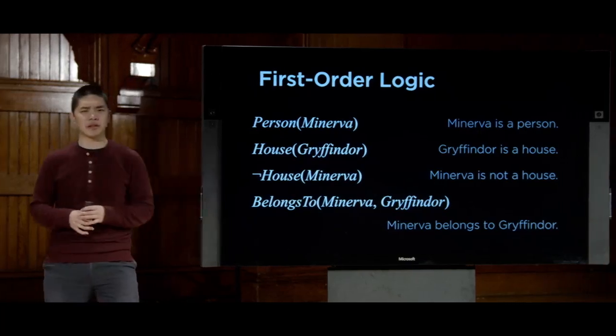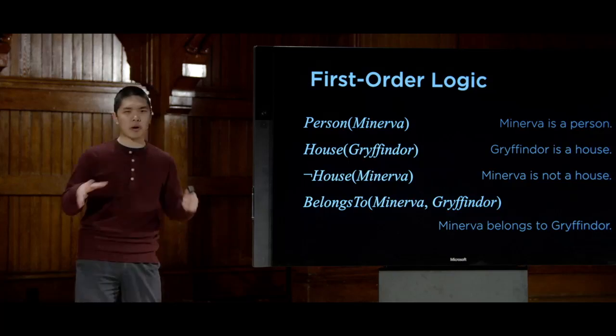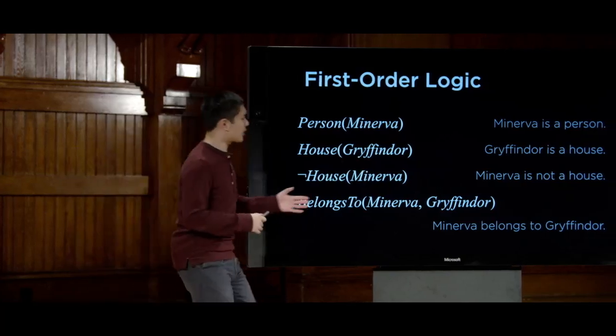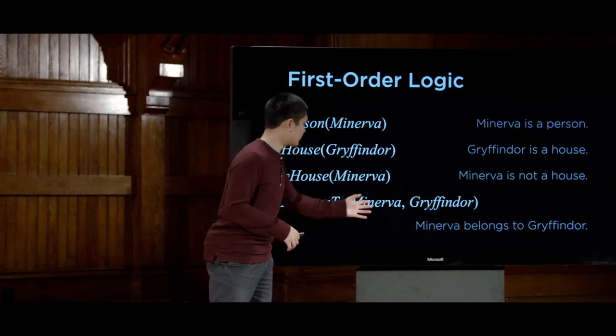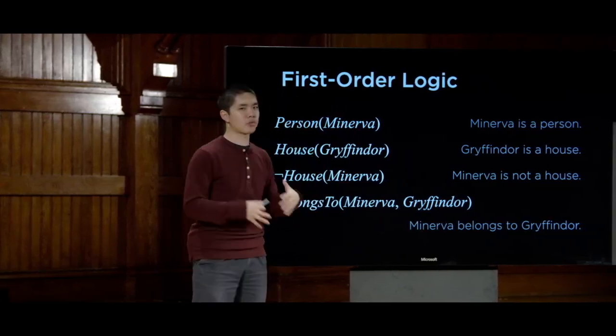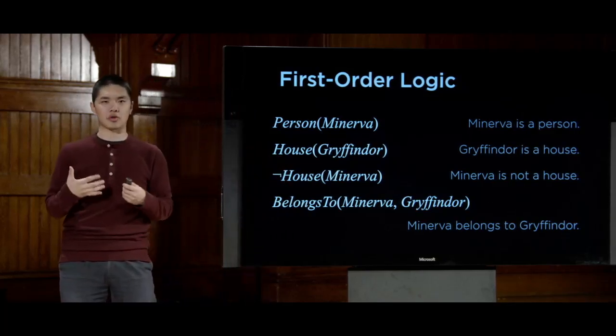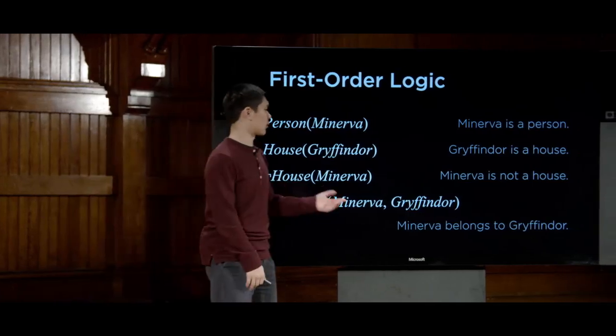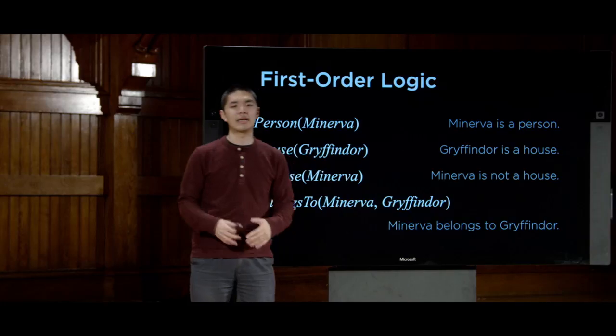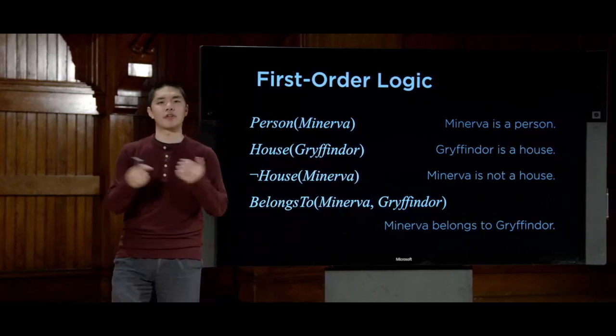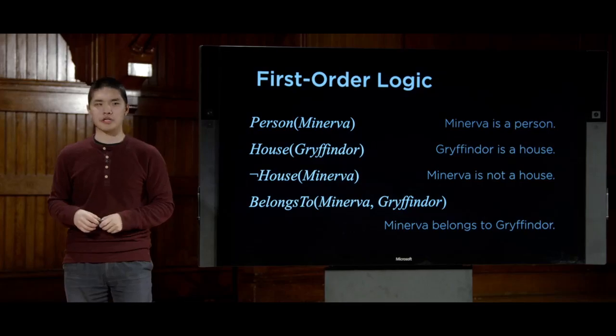So already we can see that first order logic is quite expressive in being able to express these sorts of sentences using the existing constant symbols and predicates while minimizing the number of new symbols that I need to create. I can just use 8 symbols for people and houses, instead of 16 symbols for every possible combination of each.